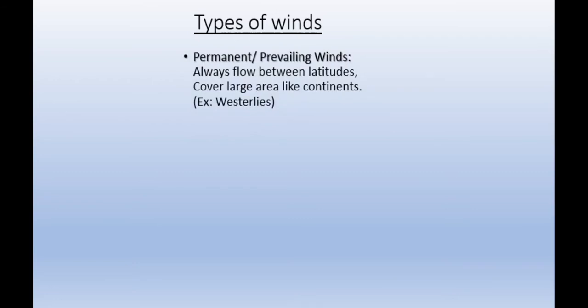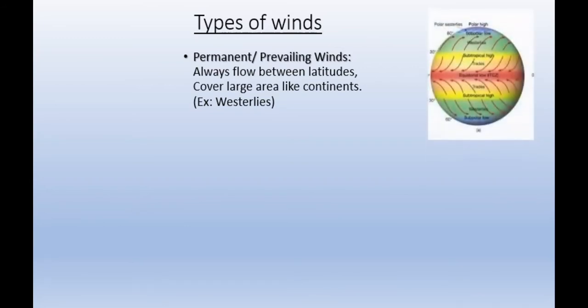Permanent or prevailing winds always flow between latitudes and cover large areas like continents. Examples are westerlies and easterlies. Trade winds and anti-trade winds are known as permanent winds or prevailing winds.